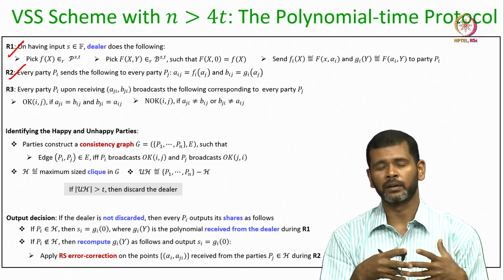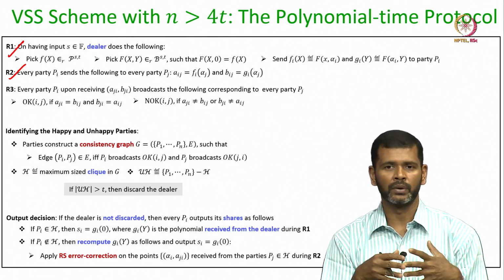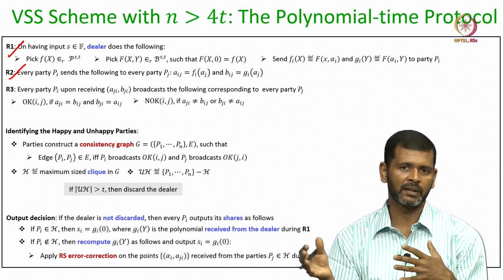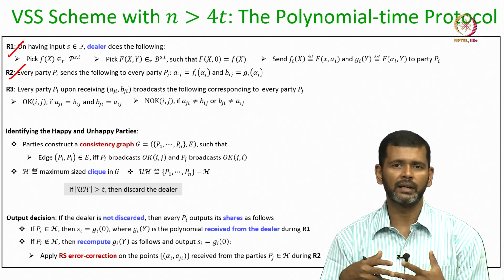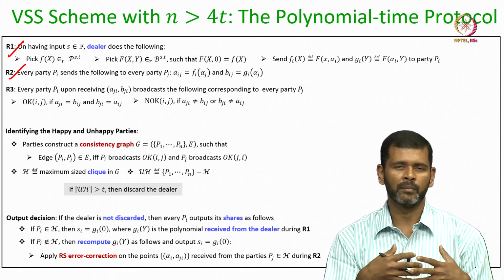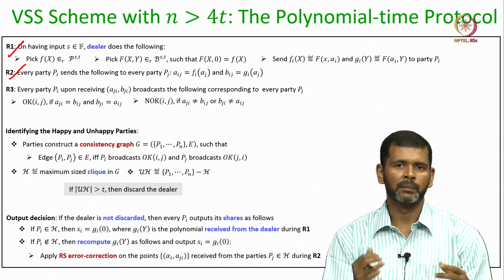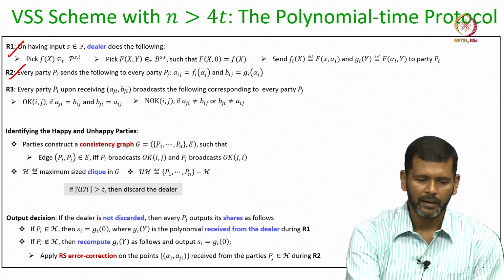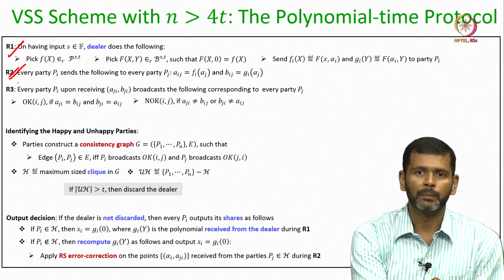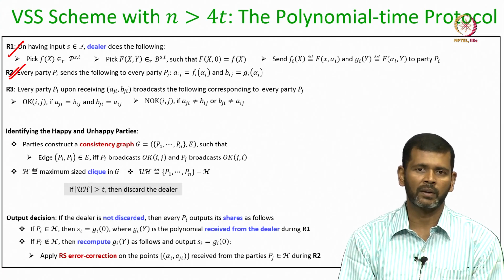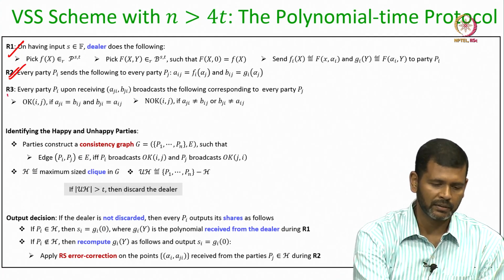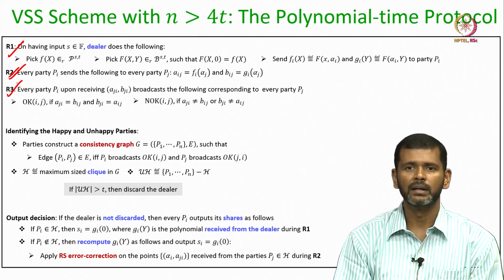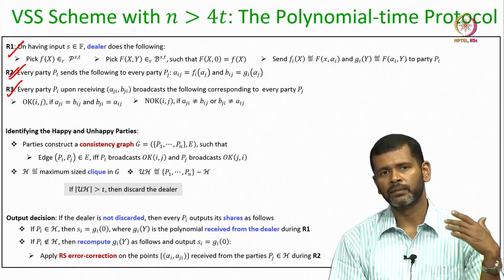Again, I am explaining the protocol without applying the round reducing technique, but at the end we can see that by applying the round reducing technique, the resultant polynomial time protocol can be reduced to 2 rounds. During the second round, the parties exchange the common points on their respective row and column polynomials over the private channels, and during the third round they make the results public, based on the publicly available results of the pairwise consistency tests.